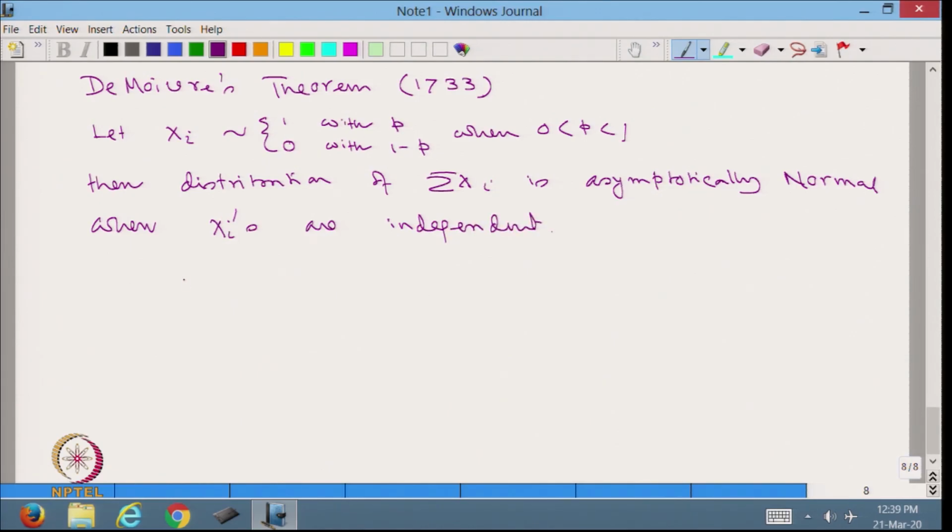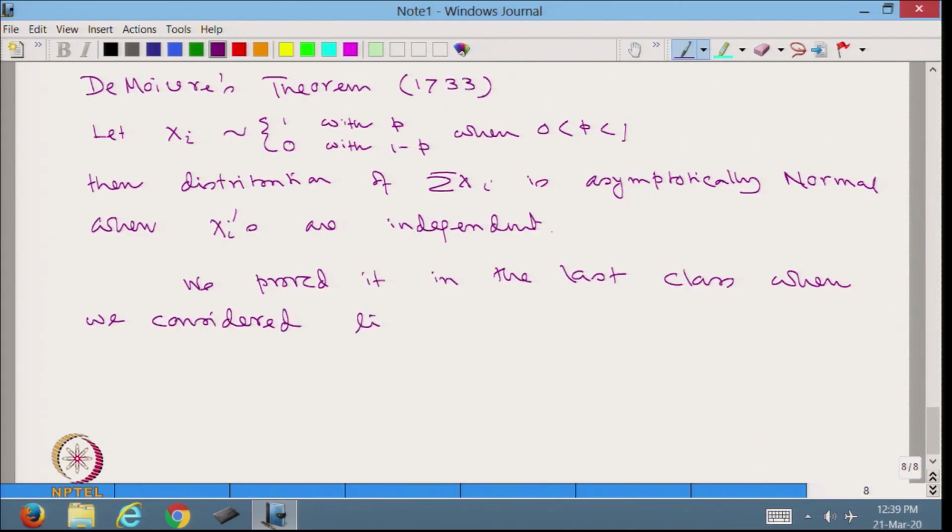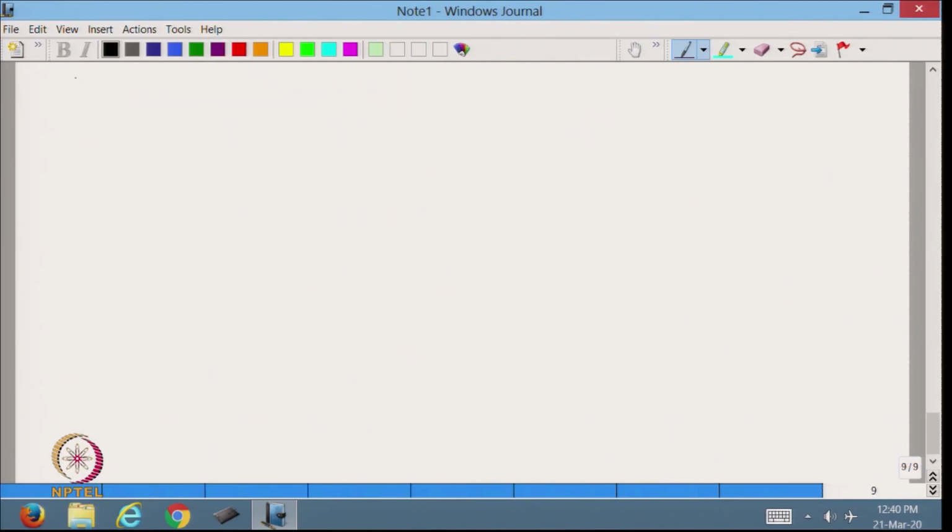We have already proved it in the last class, when we considered the limit n going to infinity of binomial n, p, as we know that sum of x_i, i equal to 1 to n, is distributed as binomial n, p.